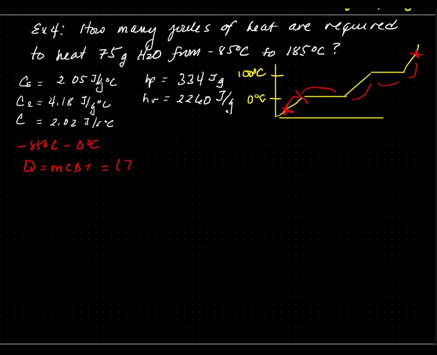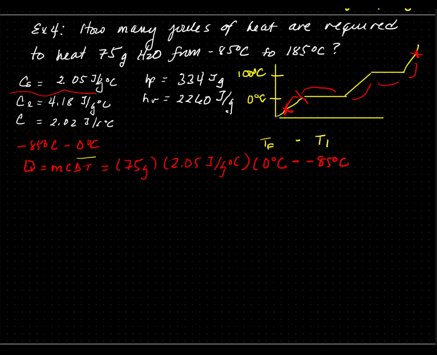My mass is 75 grams. Since it's below 0 degrees, we have to use the solid, which is 2.05 joules per gram degrees Celsius. T final is 0 degrees Celsius minus a minus 85 degrees Celsius. Remember, this is T final minus T initial.